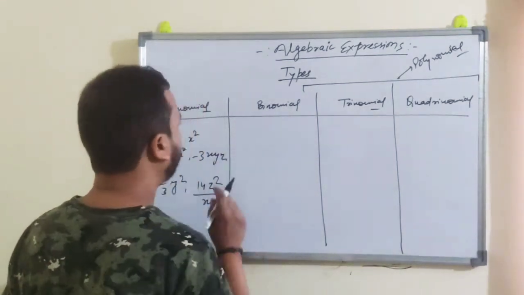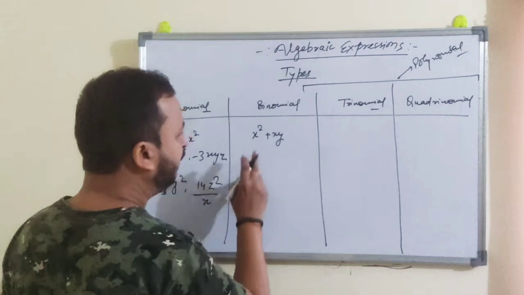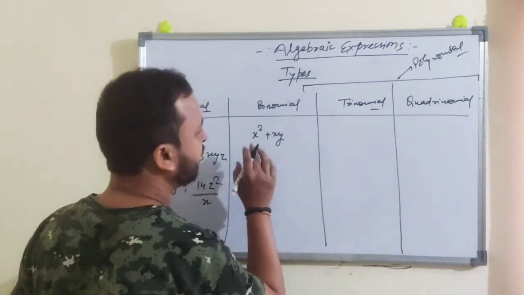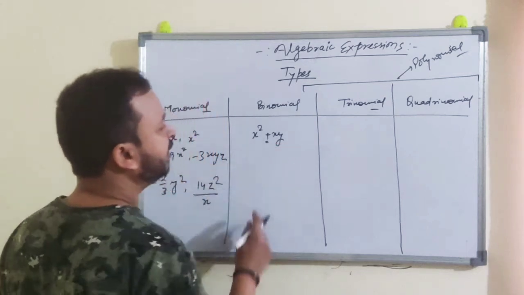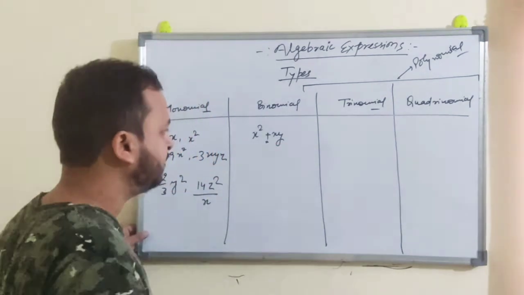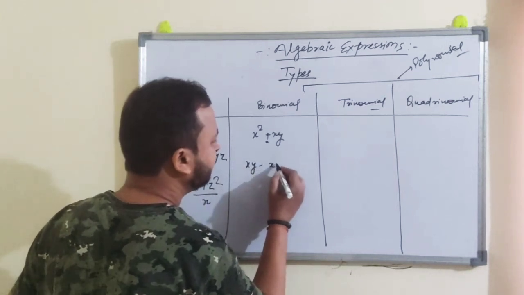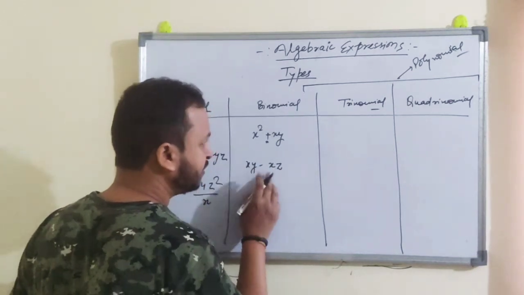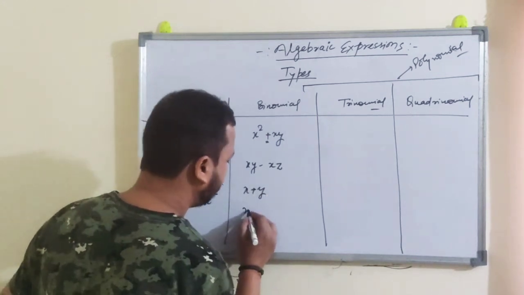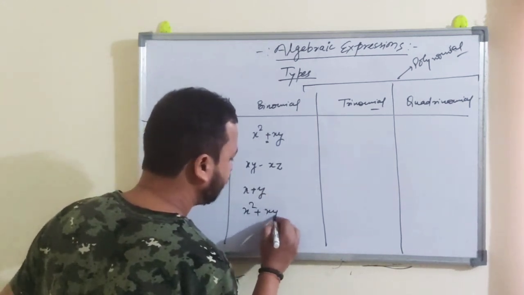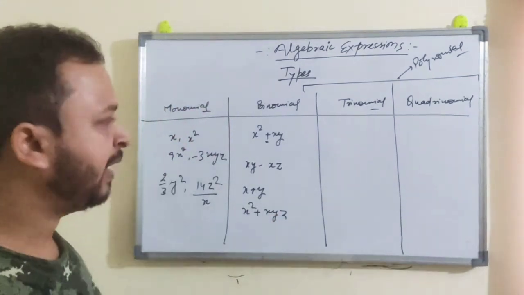When we are talking about binomial, binomial means x square plus xy. Two different terms are joined together with either addition or subtraction. xy minus xz, right? This is also a binomial. x plus y, this is also a binomial. x square plus xyz, this is also a binomial, right? So they are known as binomial.